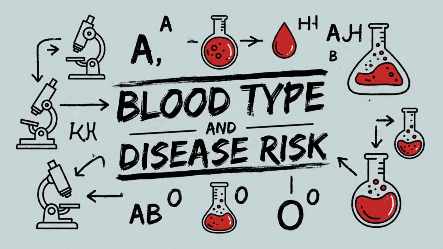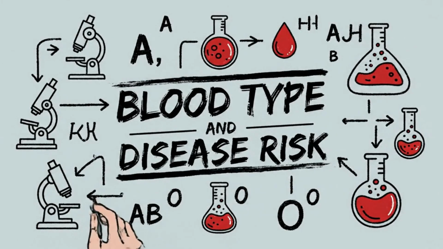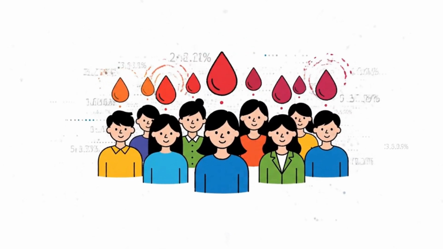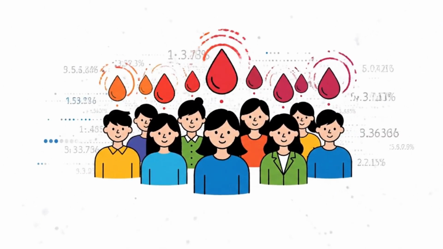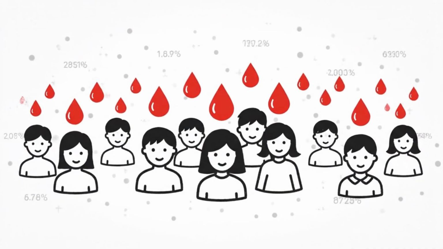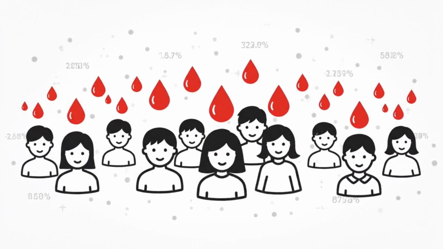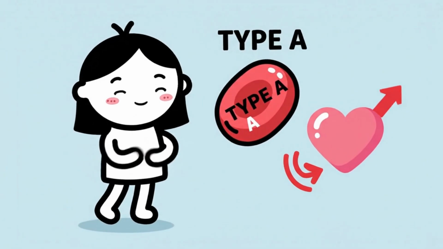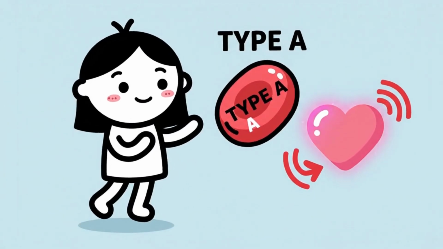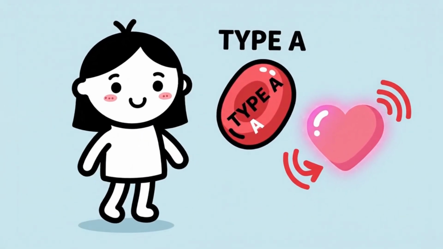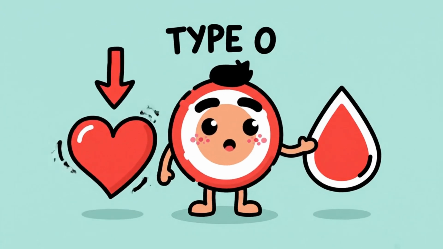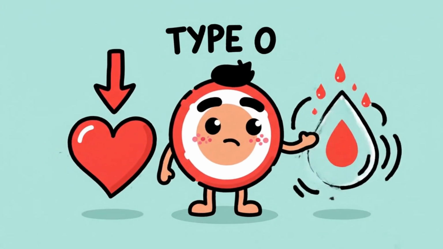Research has also found associations between blood types and certain disease risks. It's important to understand what association means here. It does not mean cause. It means that across large populations, certain patterns appear more frequently. For example, some studies associate type A blood with slightly higher cardiovascular risk. Type O blood has been associated with lower heart disease risk, but a higher tendency toward bleeding.